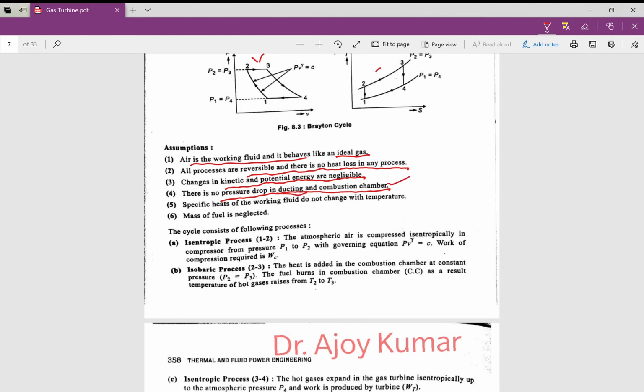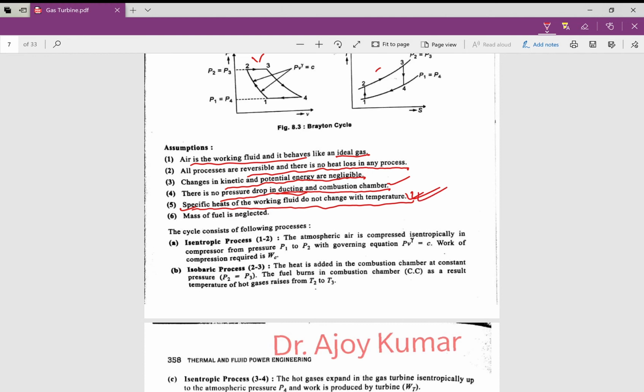Now, dear students, a very important assumption: specific heats of the working fluid do not change with temperature. As you know, due to temperature there is a minor change in specific heat, whether it is Cp or Cv. Theoretically there could be a slight change, but here it is considered not to change.